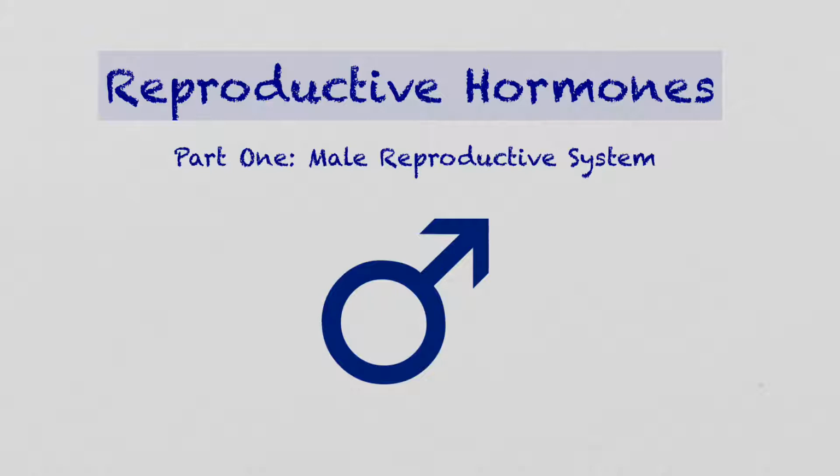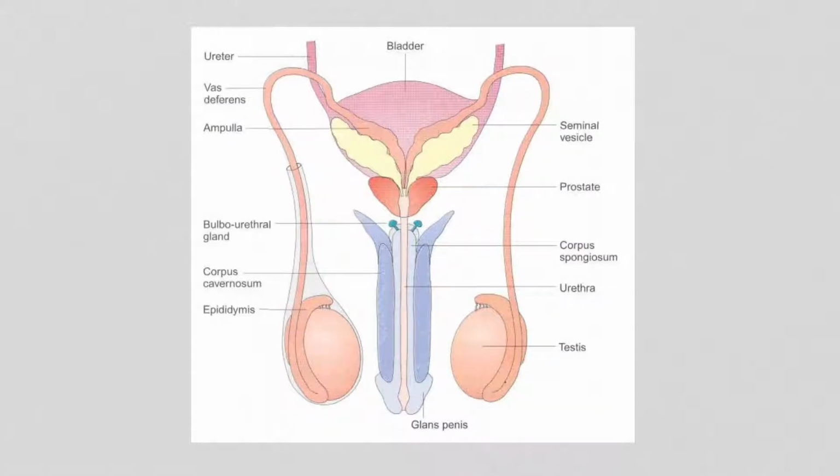For the remainder of this video, we're going to be looking exclusively at the male reproductive system. The male reproductive system has two testes, right here, which produce the sperm. And then that sperm, as it's maturing, is stored in the epididymis, which is a set of coiled tubules.